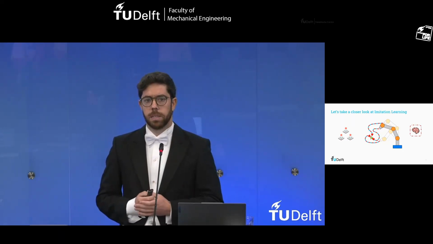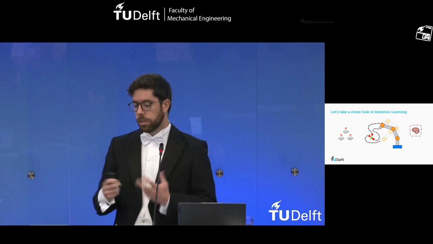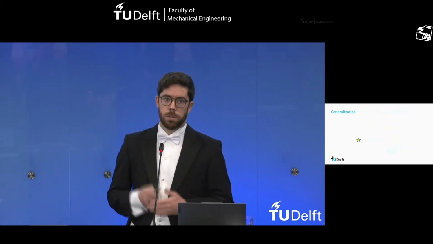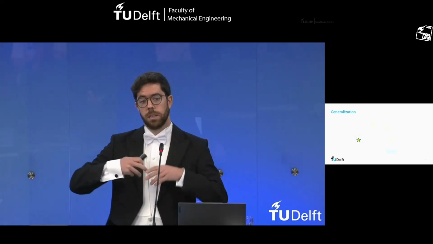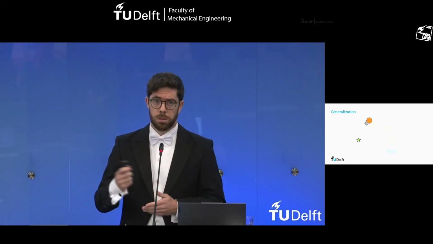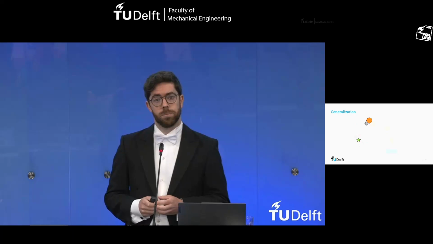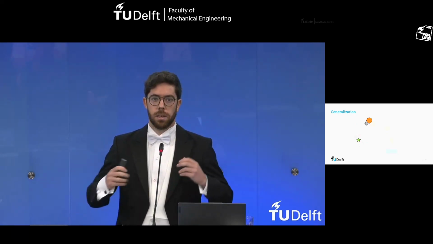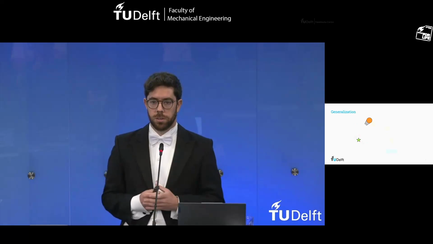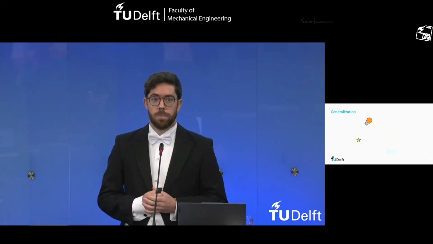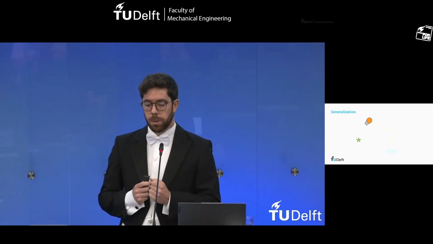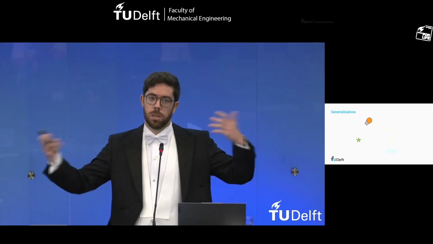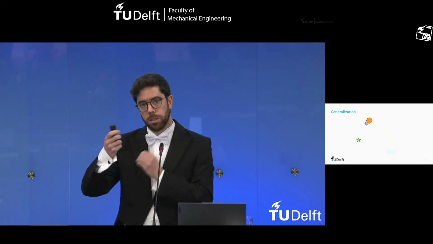So this makes sense, but here I'm ignoring a part of the problem which is very important, which is the concept of generalization. What happens if we have data from different parts of the space and we put the robot in a region where we didn't have a demonstration? Ideally, if the robot is smart enough when it's learning, since it is in a place where it had demonstrations nearby, it should know roughly what to do, just by doing things that are similar to what the demonstrations showed in the places around this point.